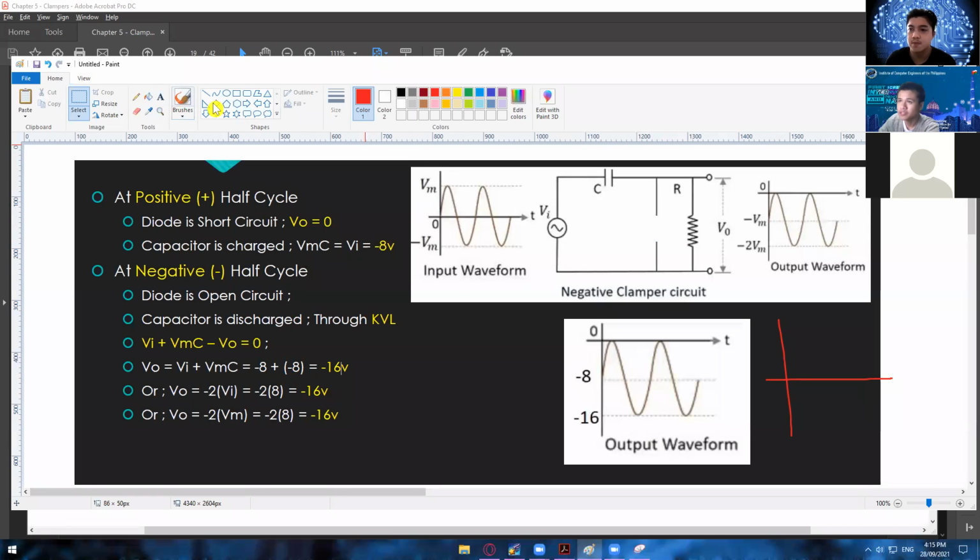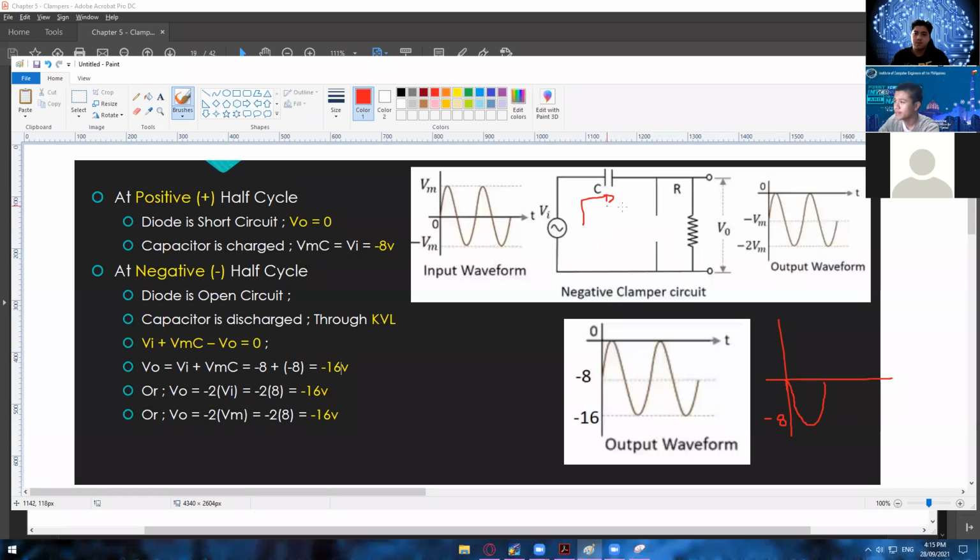So it won't charge this capacitor since there is no closed loop in here. So it will only charge this capacitor right here if we have a closed loop of current in here. So in here, all of our voltage input will flow to our voltage output. So whatever is your VI, let's say a -8. So we have -8 as our first output.